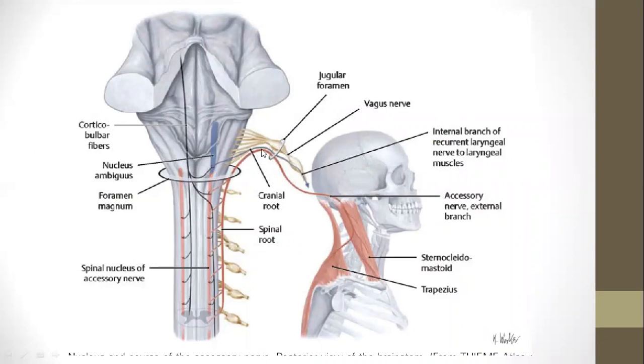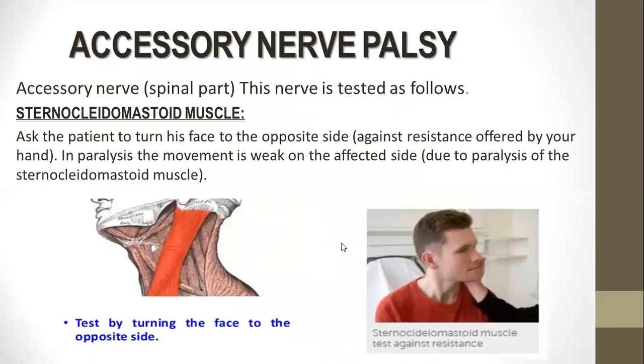This blue one is showing the cranial root and the red one is showing the spinal root, and they both reach the jugular foramen, and after passing through the jugular foramen, the cranial root joins the inferior ganglion of the vagus nerve, and here the spinal root descends downward and reaches the neck, and through its course it runs in the posterior triangle and supplies the sternocleidomastoid and trapezius muscles. So this is all about the cranial root and spinal root.